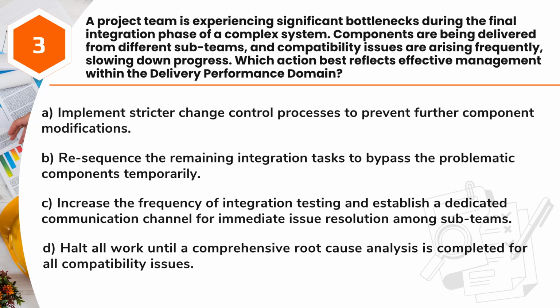B. Resequence the remaining integration tasks to bypass the problematic components temporarily. C. Increase the frequency of integration testing and establish a dedicated communication channel for immediate issue resolution among subteams. D. Halt all work until a comprehensive root cause analysis is completed for all compatibility issues.